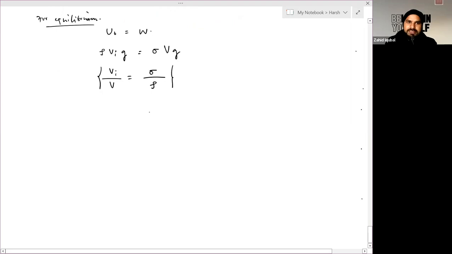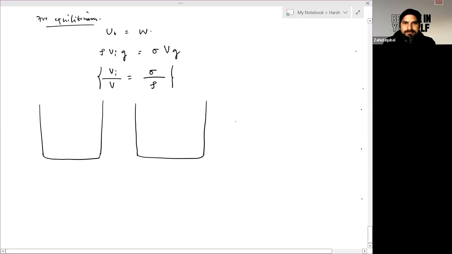There will be 3 different cases related to this expression. First, there is a vessel in which liquid is up to this point.